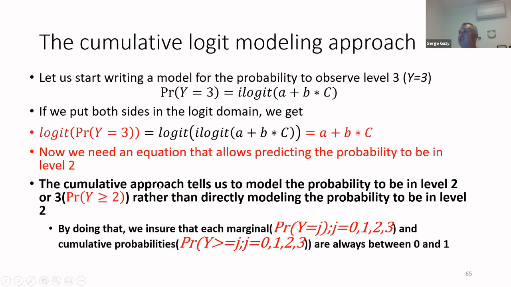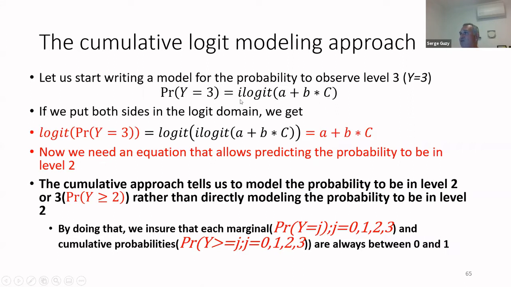Now, let's just take a simple example. Let's start with the high level, which is basically severe pain, which is basically 3. We have the levels 0, 1, 2, 3, remember? And I want to write an equation for the probability to get level 3. I'm going to assume that inside the ilogit operator, I have a linear function of the concentration, a straight line if you want.